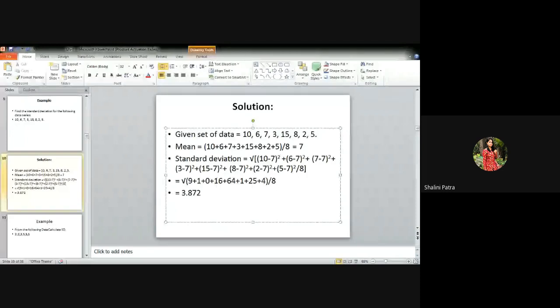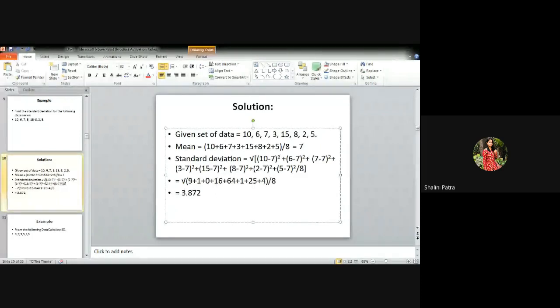Kailash Nayak, the 3.87. What is the value of n here in this problem? n equal to 8, sir. From the series, what is the value of mean here? So the answer for standard deviation is 3.872.